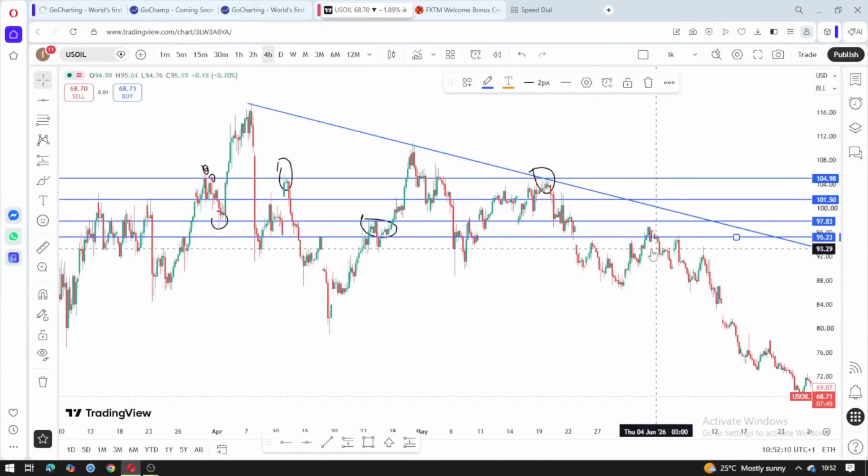So the likeliness that whenever it comes and tests the zone, we're not talking about intersection, we're talking about just normal breakout and retest. Like here, breakout and retest is likely to go down because the market is actually in downtrend and it has not reached a turning point. This is the 4-hour time frame.